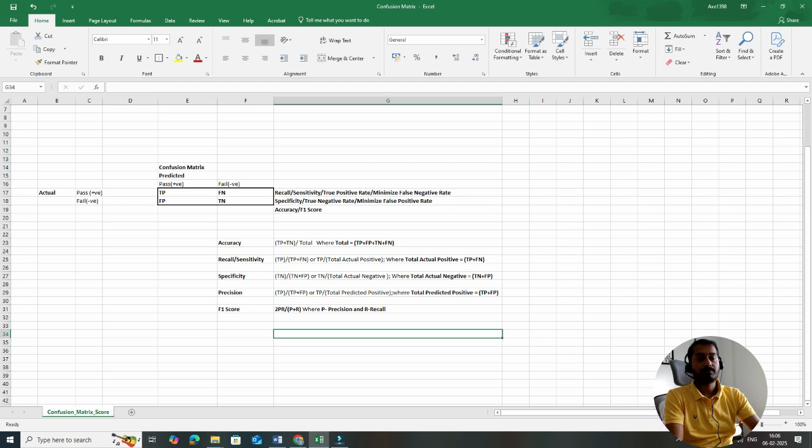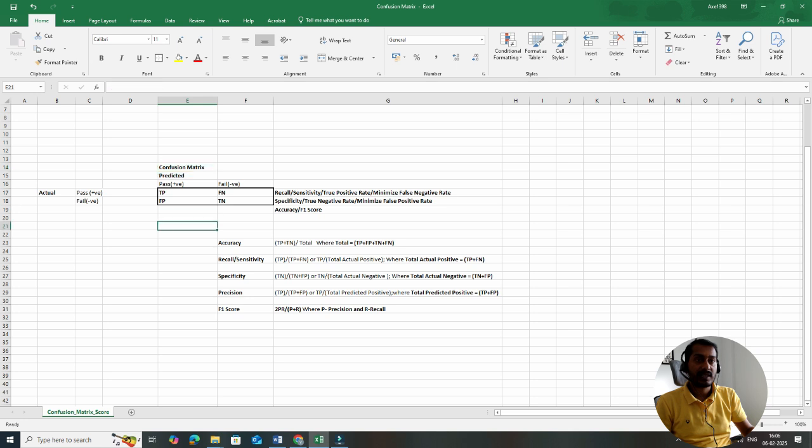Well, now we'll start. So in this confusion matrix, you can see in the row wise we have, and by the way, this is a classification problem. In classification also, this is a binary classification problem. So you can see that there are two categories, pass and fail.